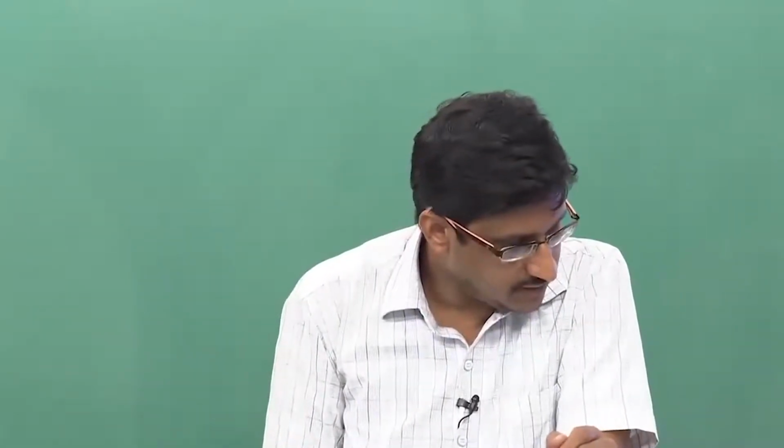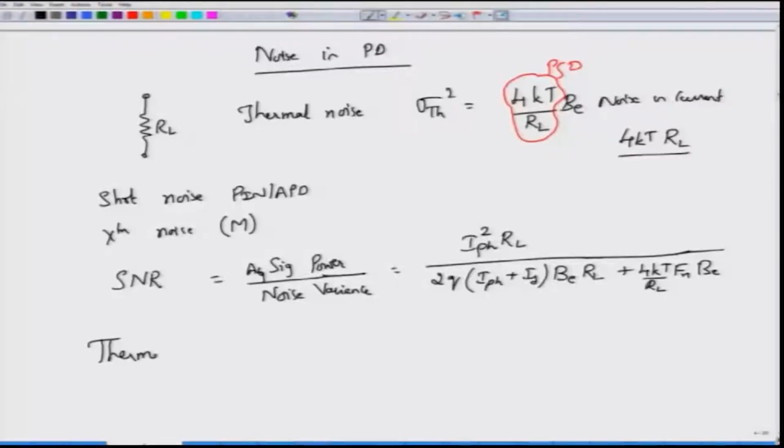So, first consider the thermal noise limit, okay, which happens when your RL is quite small. So, the first term, the shot noise term, can be neglected with respect to the second term, right. So, this can happen when the photocurrent IPH is quite small. Okay.